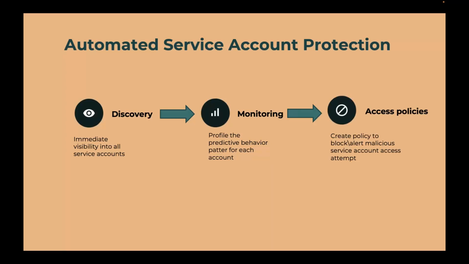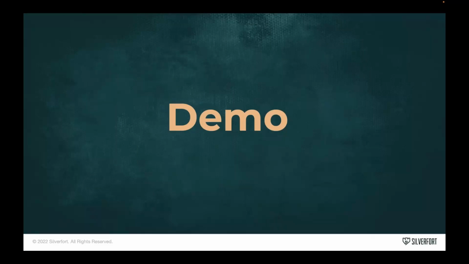All you need to do now is click the button and activate these policies. Compared to the immense amount of labor you had to invest before, this is a really significant game changer.